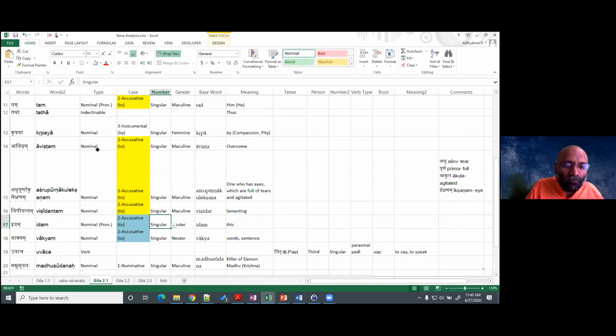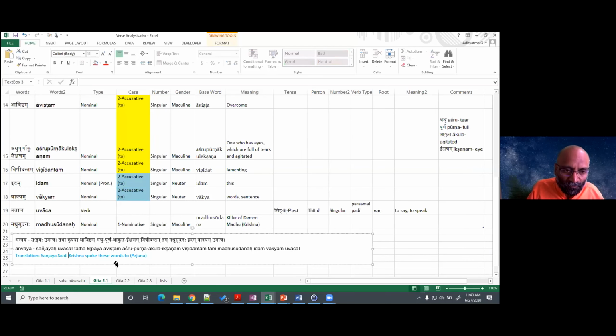And yes, one more word is here, tatha, thus. This is an indeclinable. So we have to put the thus here, thus, or in this manner. Thus Krishna spoke these words to, so where is Arjuna coming from? We'll see.